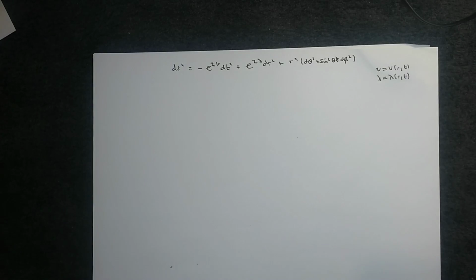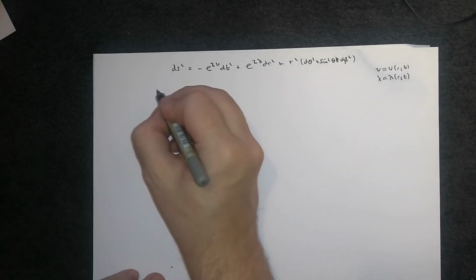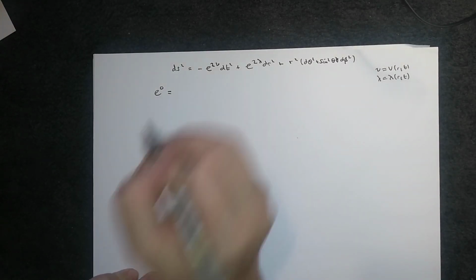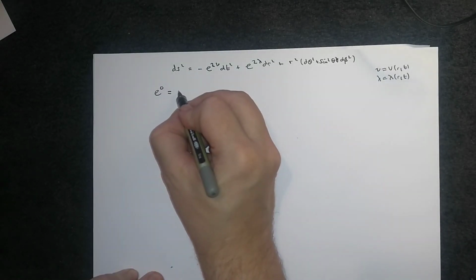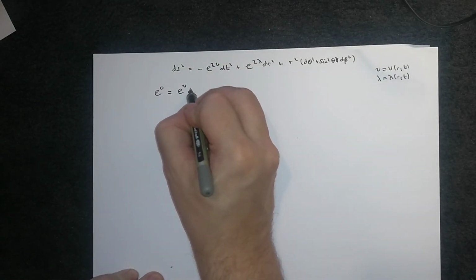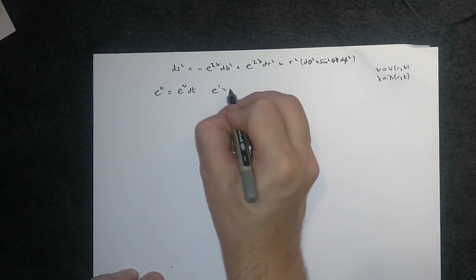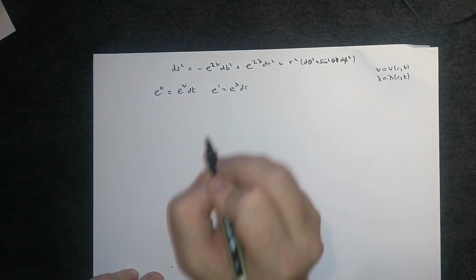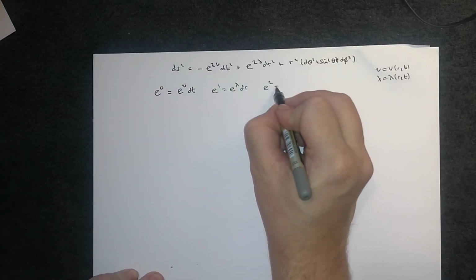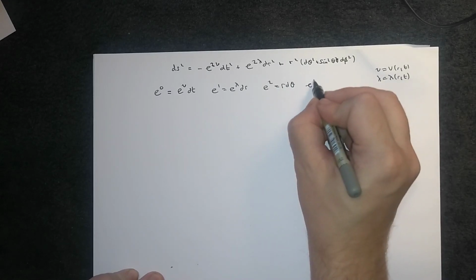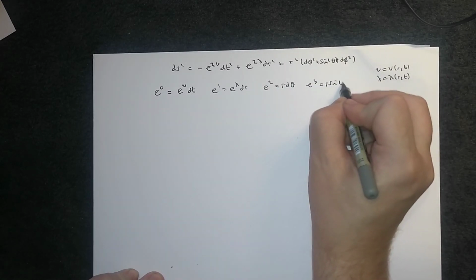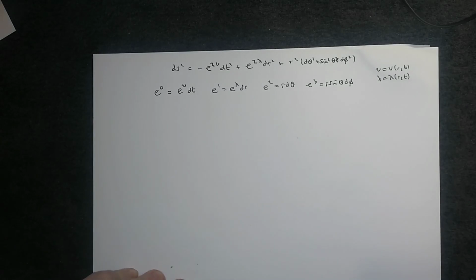I could redefine t by any function of t, and we will use that freedom later on in the calculation. Now I'm going to introduce an orthonormal basis, so I'd like E^0 to be equal to e to the nu dt, E^1 is e to the lambda dr, E^2 is r d theta, and E^3 is r sine theta d phi.